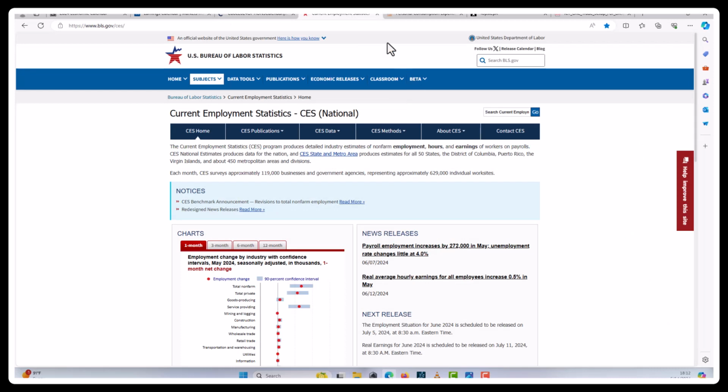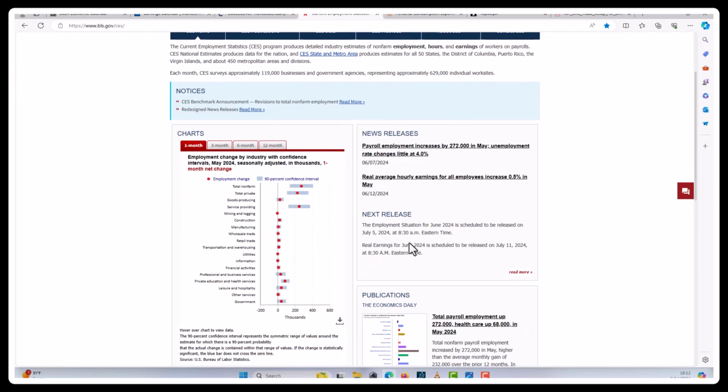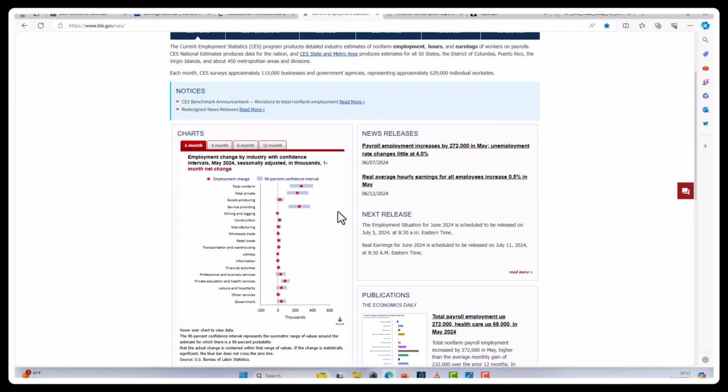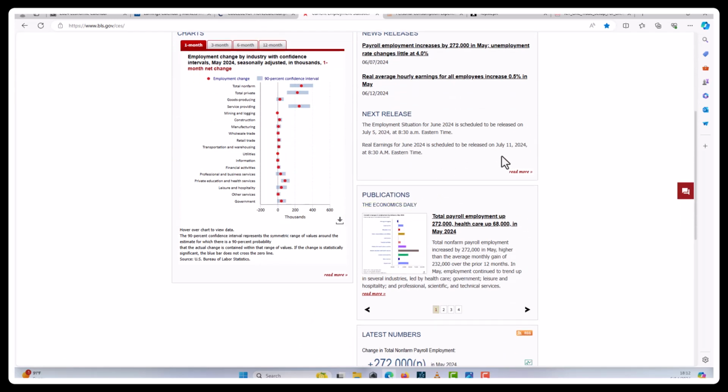We're looking for the CPI data, and now we look forward to the GDP data.